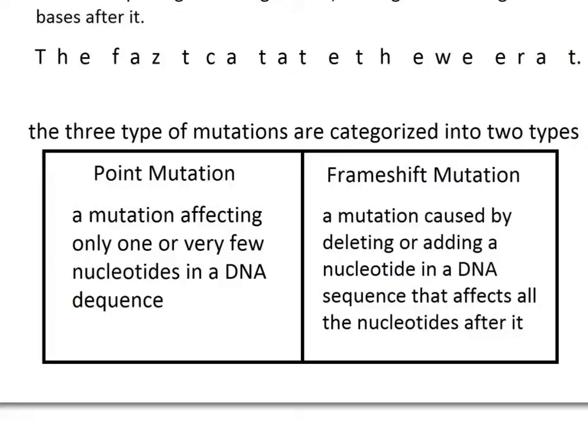So a point mutation would be a substitution because it only affects one nucleotide. We're taking one out and then replacing it in the same spot for another. A frame shift is a mutation caused by deleting or adding a nucleotide in the DNA sequence that affects all nucleotides after it. So that's your insertion and deletion because it shifts everything. Either it shifts it to the left one or it shifts it to the right one.